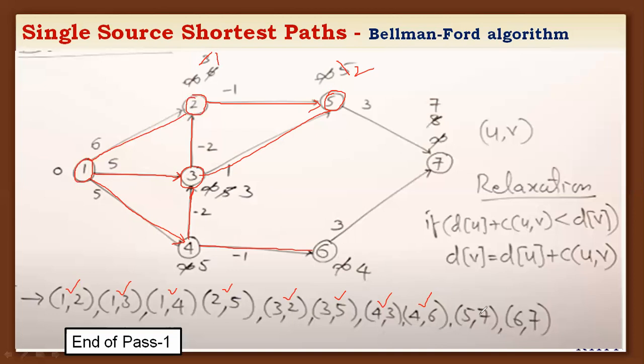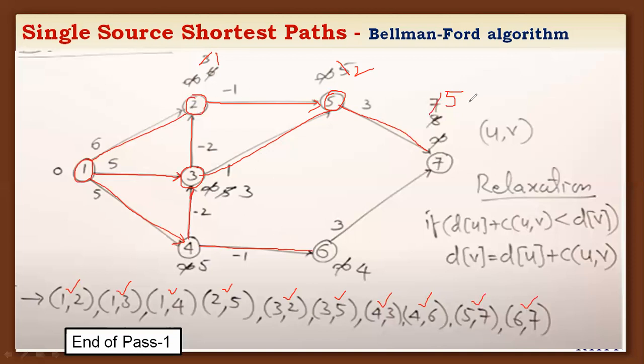Both are the same, no change occurs. 5 to 7: 2 plus 3, 5. 5 compared with 7, 5 is smaller, so it is replaced with 5. 6 to 7: 4 plus 3, 7. 7 compared with 5, 5 is smaller, so no change occurs.